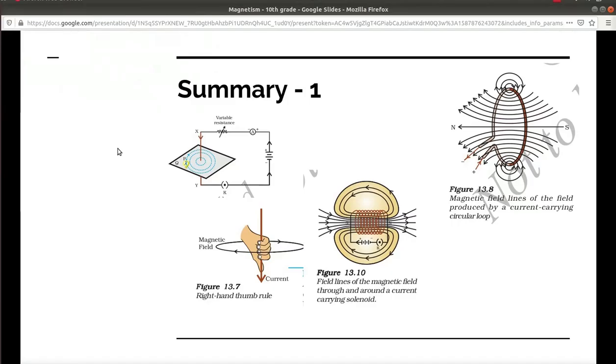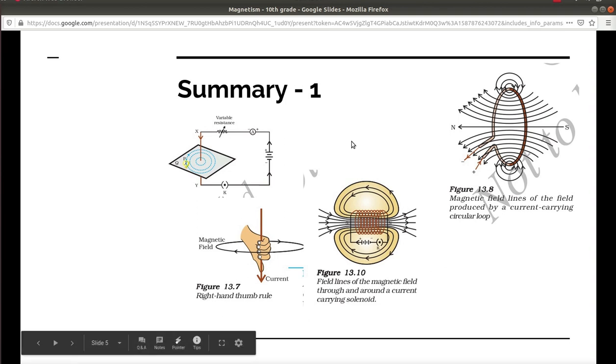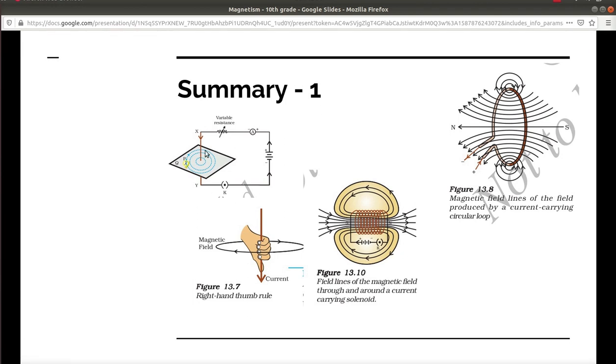Okay, so in today's class, a few of the important things is what I've summarized here. All of these images are from your textbook, so feel free to look into your textbook itself. All right, and you can make a note of these because these are the most important ones. So if you look, this is the circuit that was used for a straight current carrying conductor.